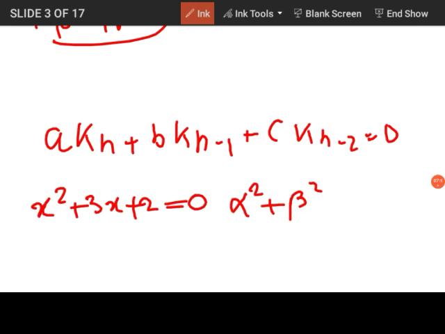How? See, here a is 1, right? A is 1. Now what we can write this as k n plus b, that is here 3, k n minus 1.